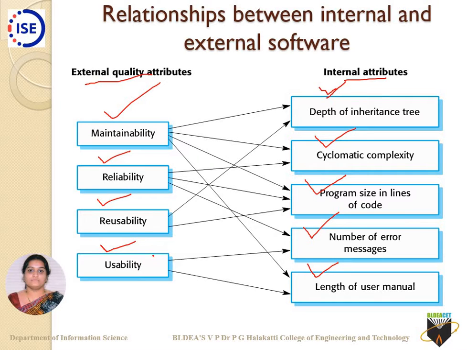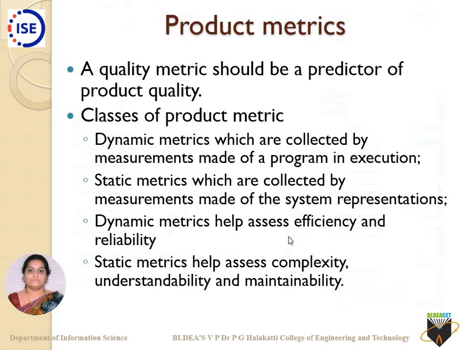The last one, usability, is directly proportional to the number of error messages and length of the user manual. So this is the relationship between internal and external attributes.